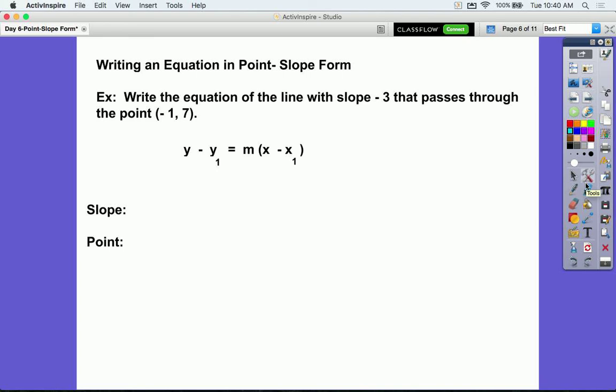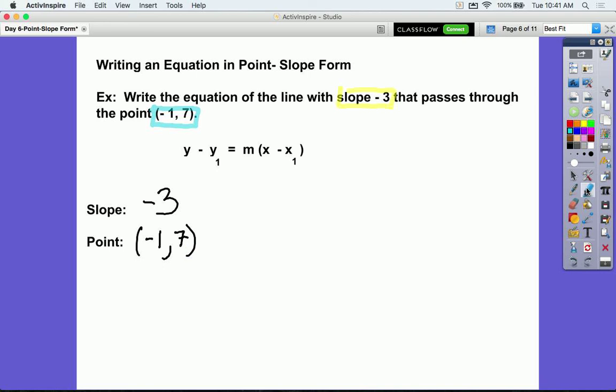Suppose I have an equation, and I know that my slope is -3, and the point that it passes through is -1, 7. So I'm going to just pull my slope out of here. I was given a slope of -3, so my slope is -3. The point it passes through is -1, 7.